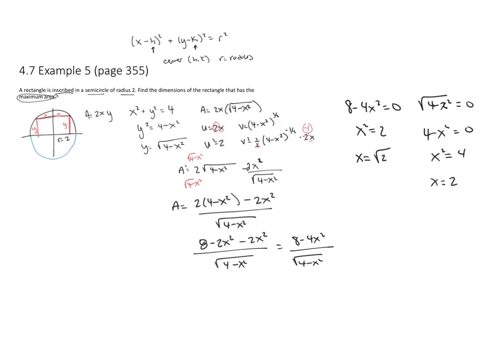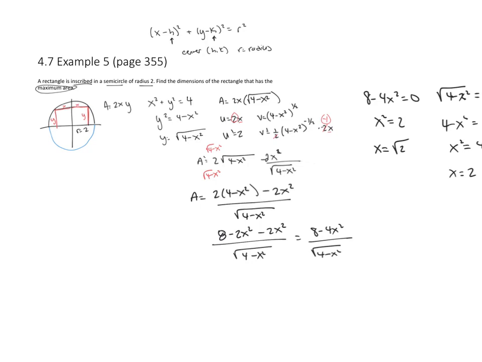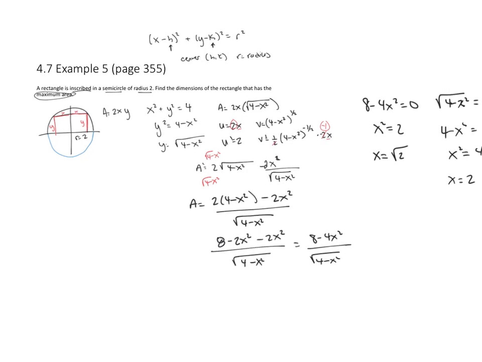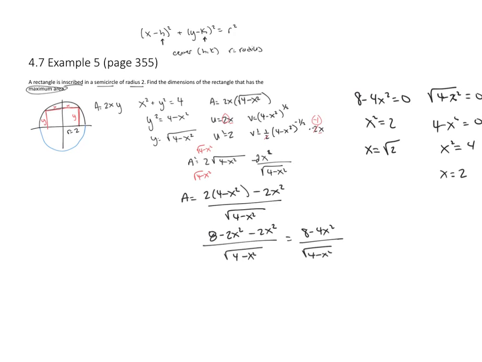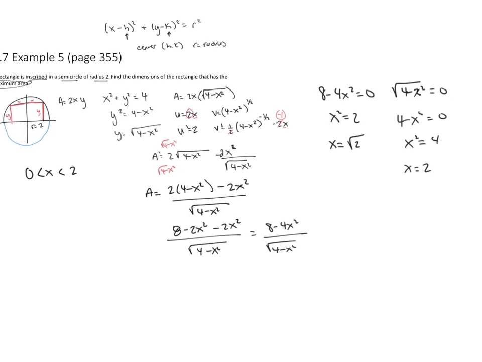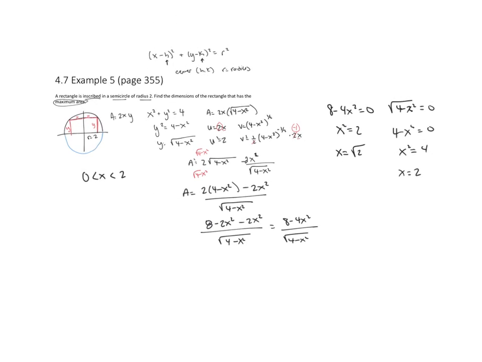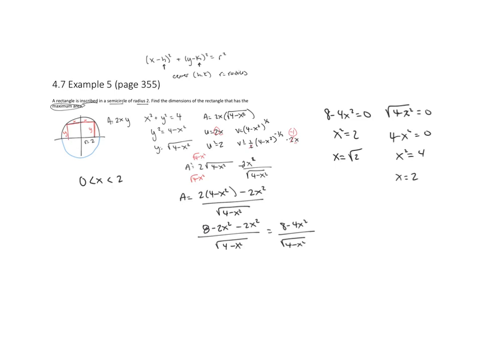And now let's take a look at what the dimensions could be. The smallest x I could have would be 0, and the largest would be 2 because that's my radius. So to find our absolute max and absolute min, but this time we're looking for our absolute maximum, we're going to set up our xy table and look at the area formula.